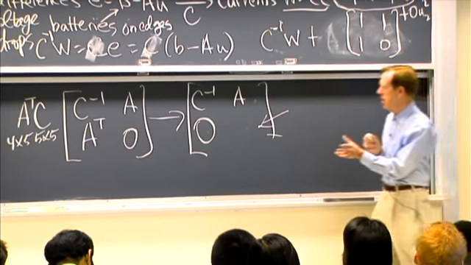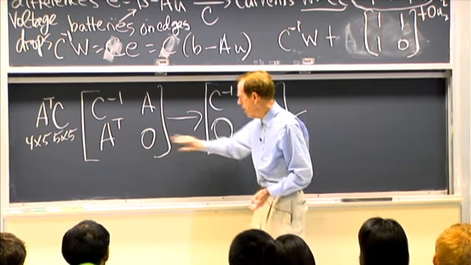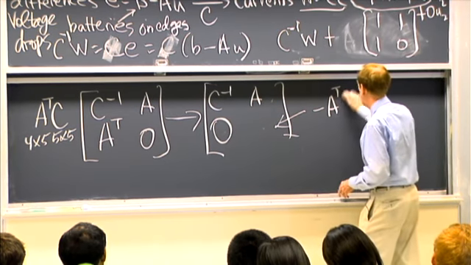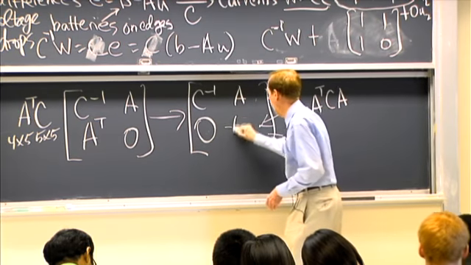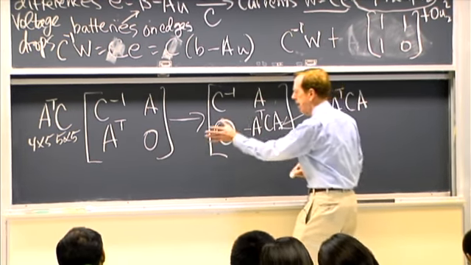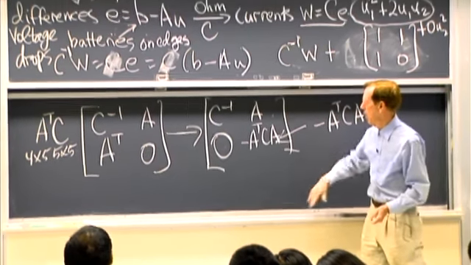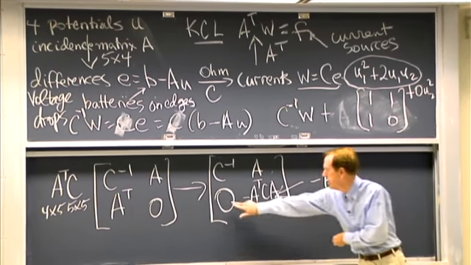A transpose C multiplies that A, subtracts. So what shows up there is minus A transpose CA. Let me write it in there. Minus A transpose CA. So that matrix is exactly what comes from this one. It's exactly what we do when we eliminate W. That's what elimination is. I just eliminated W by getting a 0 there.